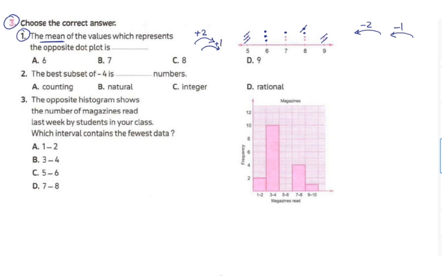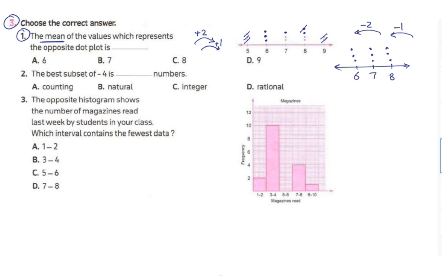Okay, there is no change. Now look here. At 8 we have 3 dots. At 7 you have 3 dots. At 6 you have what? 3 dots. So look at these dots: 3 dots, 3 dots, 3 dots. We have 8, 7, 6.